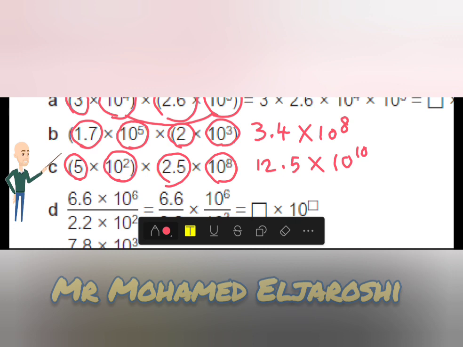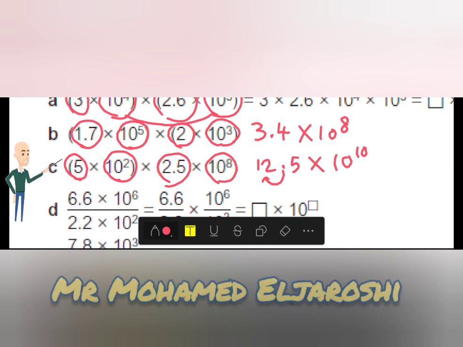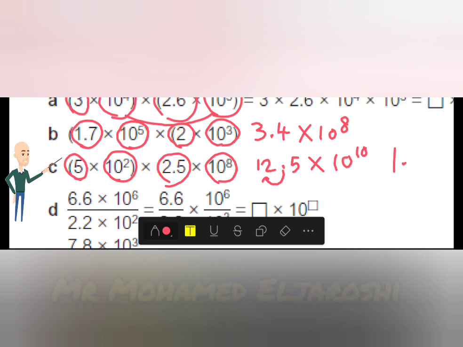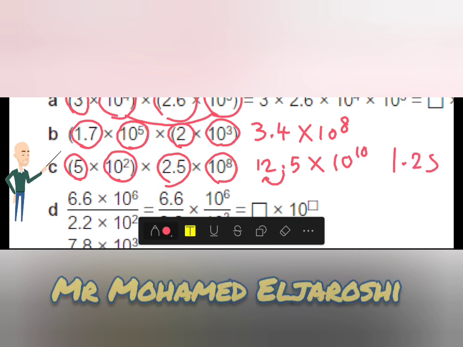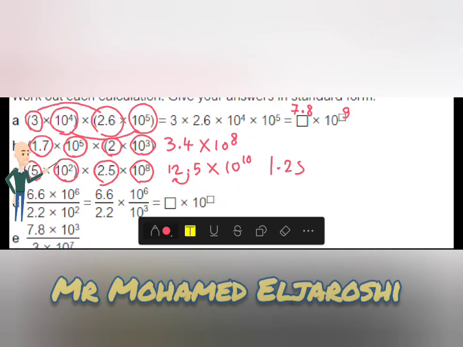Very good. We're going to move it this way. Good job. So it's going to be what? Very good. It's going to be 1.25. Let me move this. So it's going to be 1.25. And I moved the decimal point to the positive side. It means what?